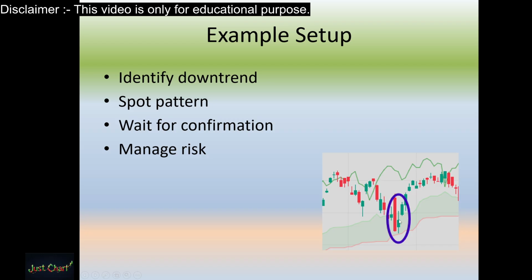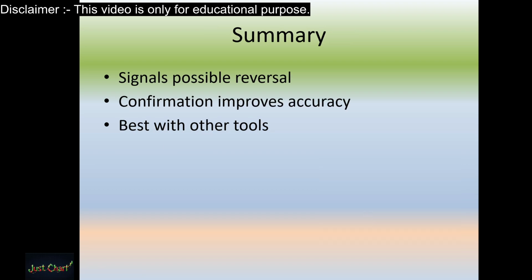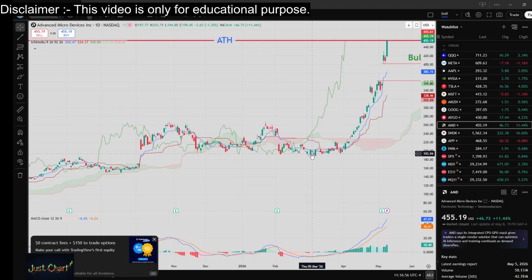So spot the pattern, then wait for the confirmation. Once you have the confirmation, you can enter and also manage the risk. If you see a reversal, you should get out of the position. Summary: it is a signal of a possible reversal pattern. Confirmation improves accuracy, and it works best with other tools.